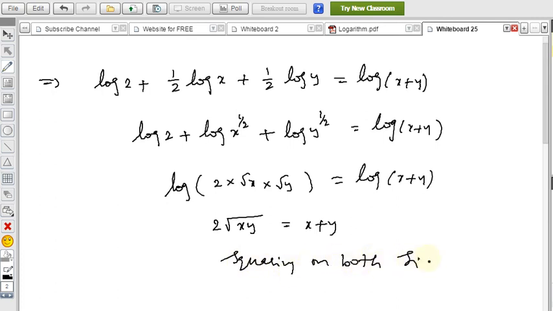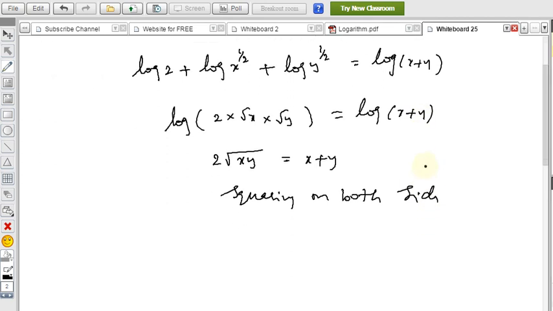Squaring on both sides, if you do, then what will come? Whole square on both sides. x plus y minus 2 root xy, whole square, is equal to x plus y whole square.